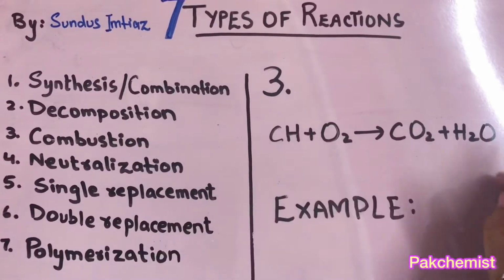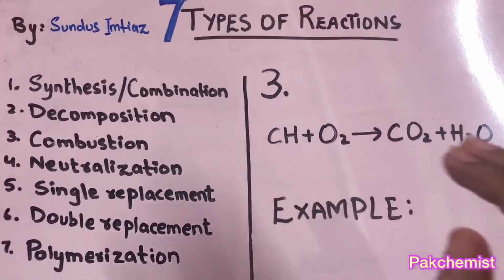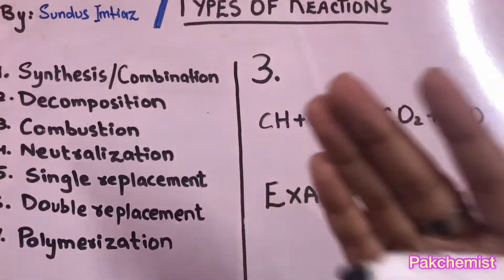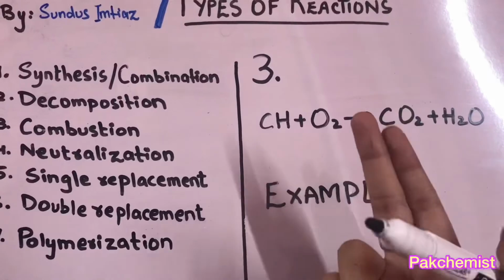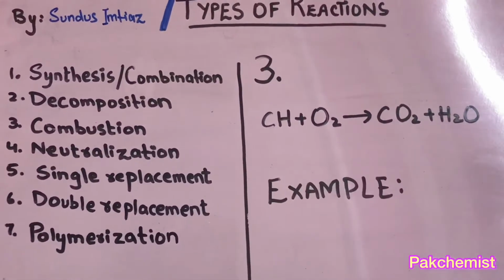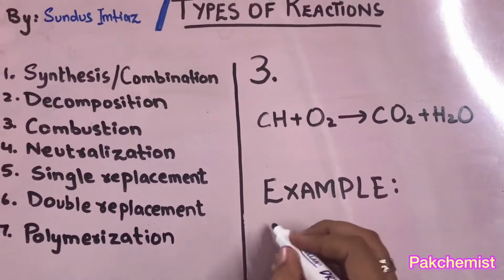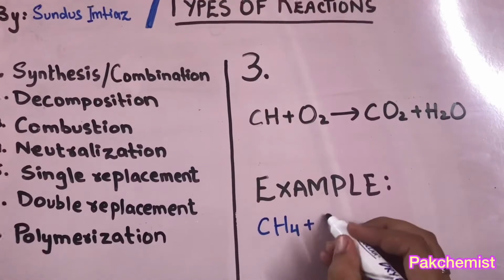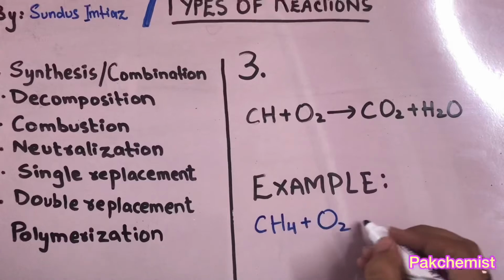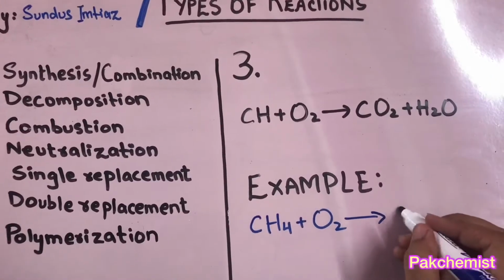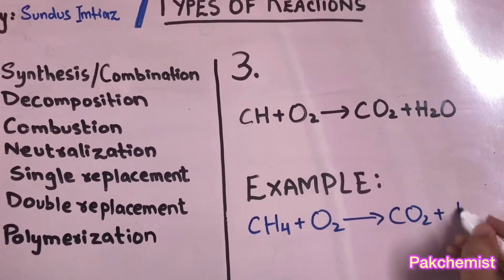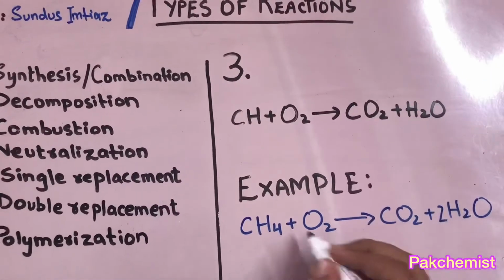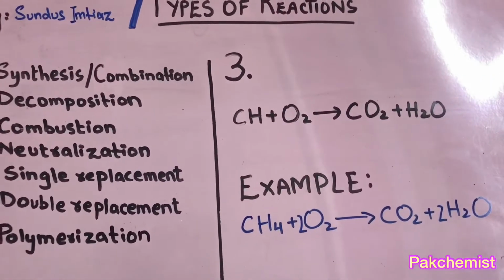Now this general reaction is called a combustion reaction, in which we are combining a hydrocarbon with an oxygen molecule. Now for example, CH4, this is what? A methane molecule. Methane gas reacts with an oxygen molecule to form carbon dioxide plus water. Okay, let me balance this.